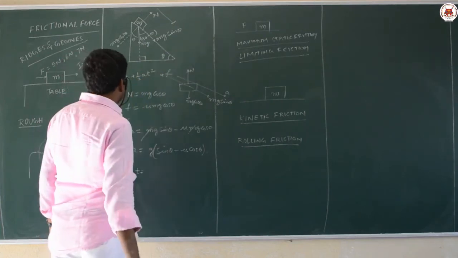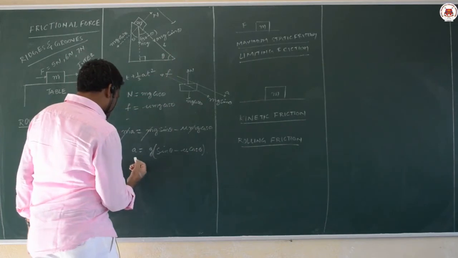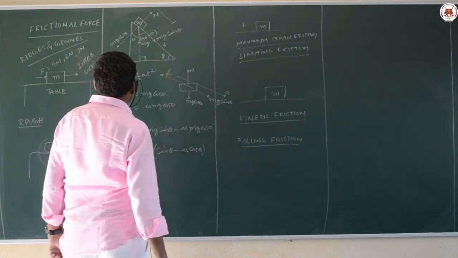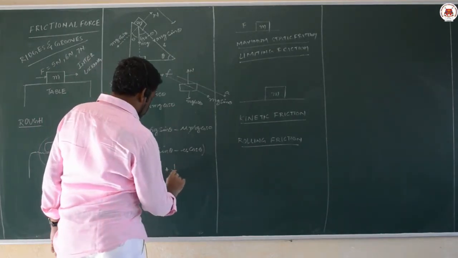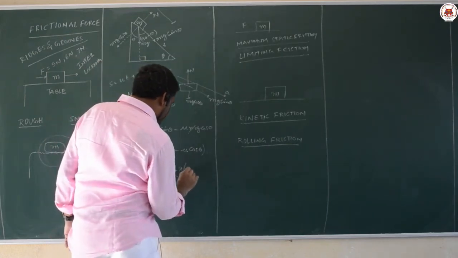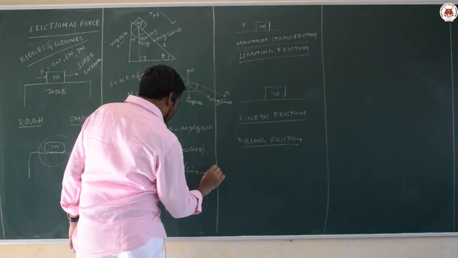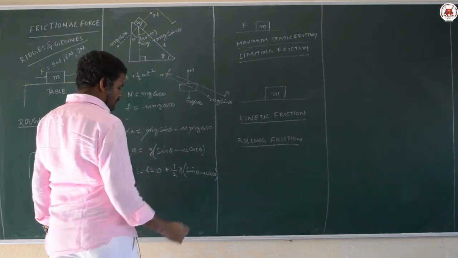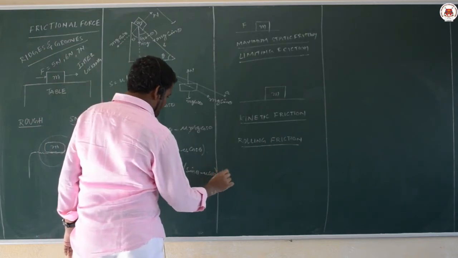Here initial velocity is 0, and taking the length of the inclined plane as L, L is equal to 0 plus half, in place of acceleration write g into sin theta minus mu cos theta, times t square.